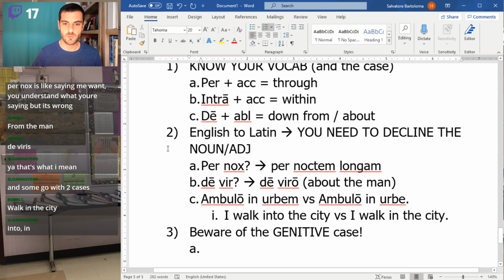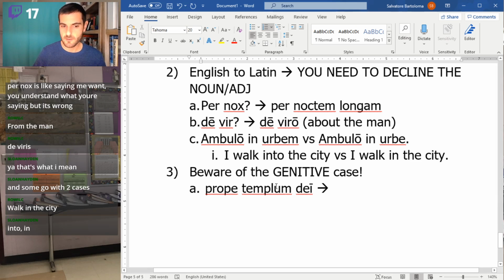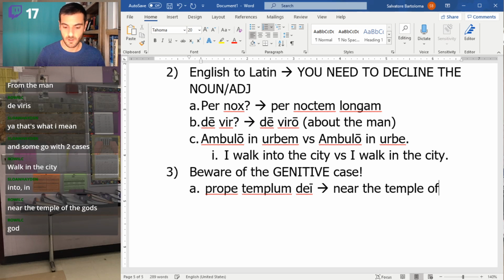If you have a situation like this, prope templum dei, where you have your standard prep phrase and then there's a genitive word hanging out, just be careful, singular or plural. Near the temple of the god, or near the god's temple.